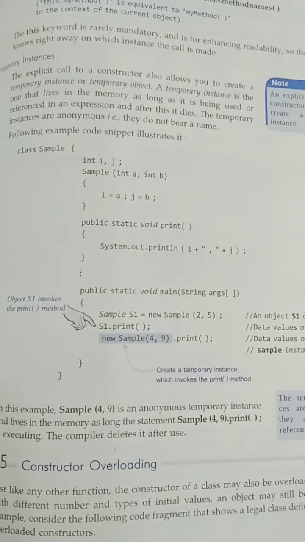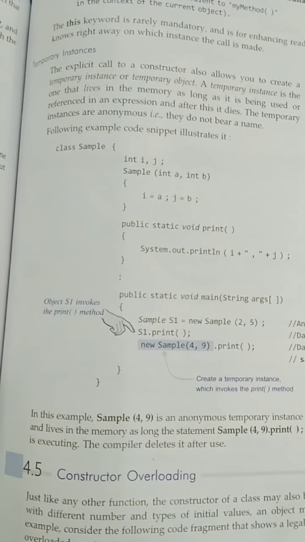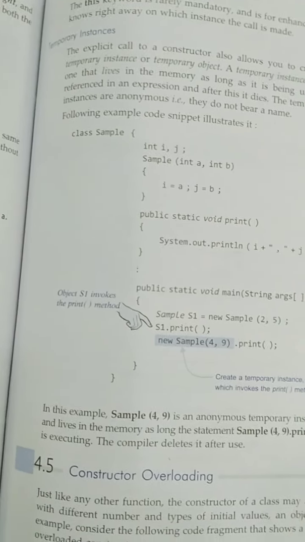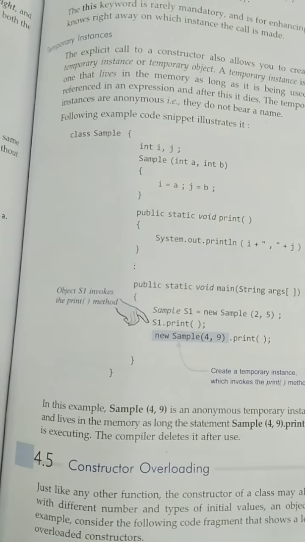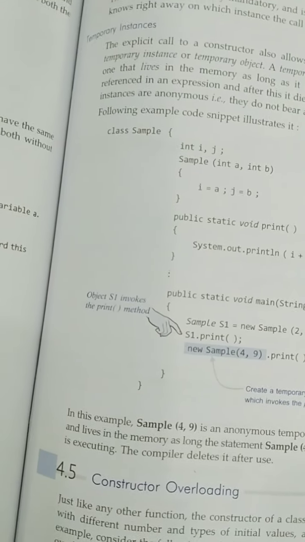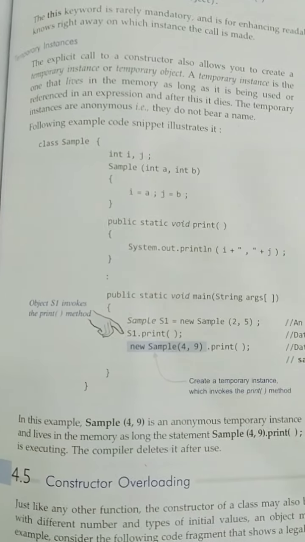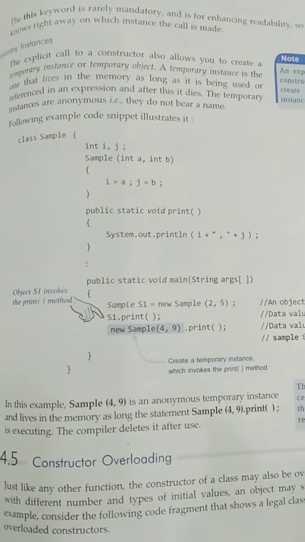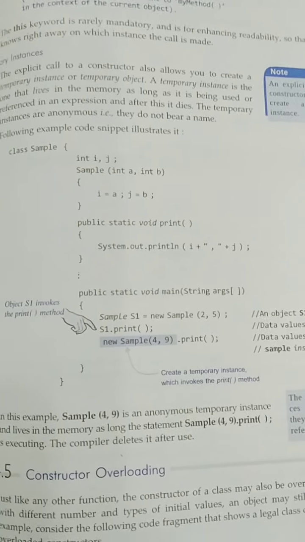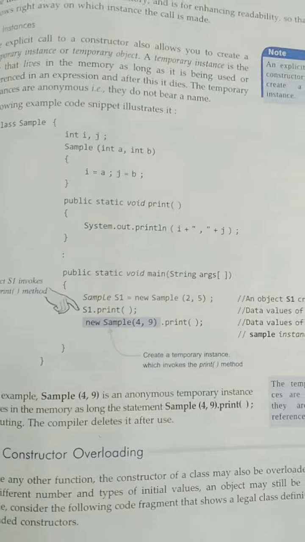Now moving to the next topic, constructor overloading. I have already covered function overloading in a previous chapter. What is function overloading? In a class there are 2 or 3 methods having the same name but different signatures. That means the number and the type of arguments passed will be different.